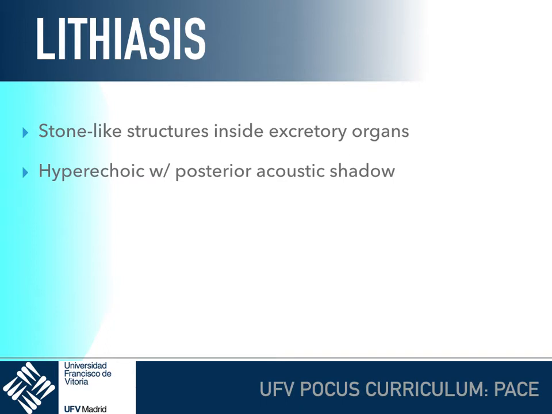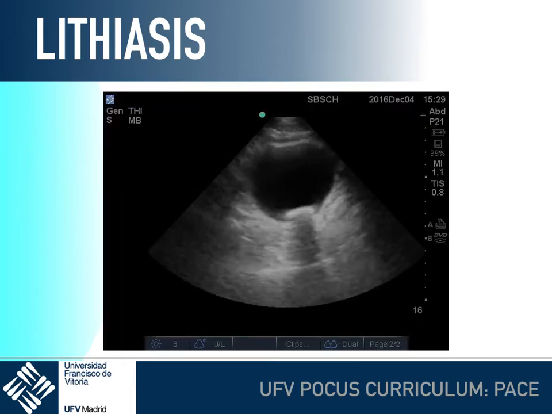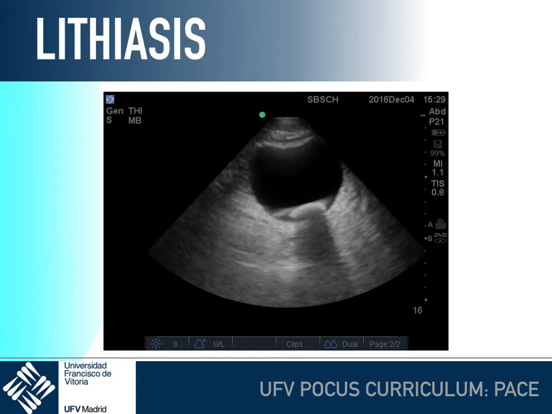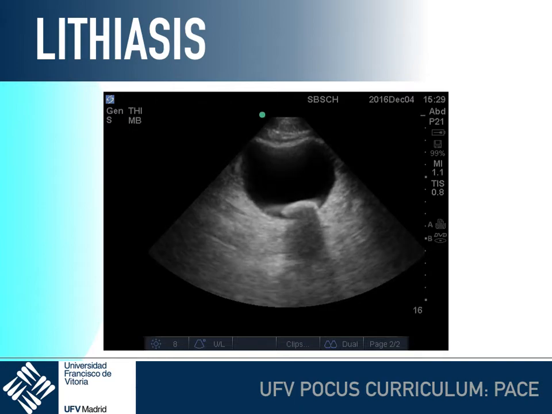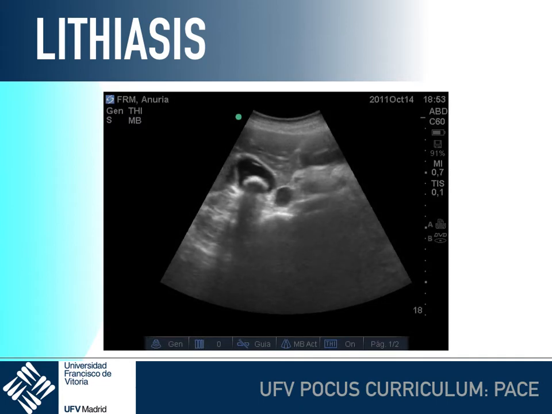They're hyperechoic with a posterior acoustic shadowing. Like in this case, we are evaluating a stone-like structure inside a bladder. And in the second clip, we are evaluating lithiasis inside the gallbladder.